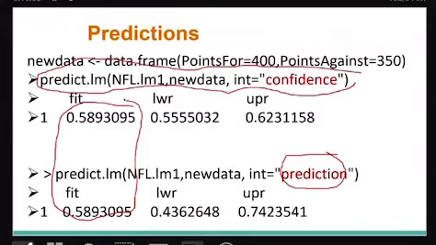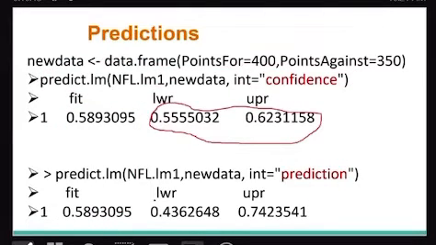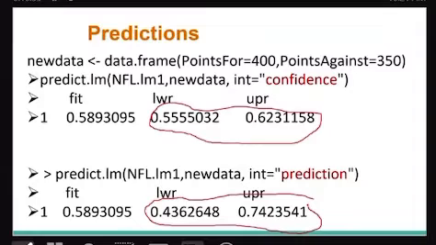You remember what we did the other time? But what is going to be different is, take a look at this. Do you see the interval for average? Do you see the interval for individual? The interval for average is going to be narrower, and the interval for prediction, for the individual, is going to be wider.